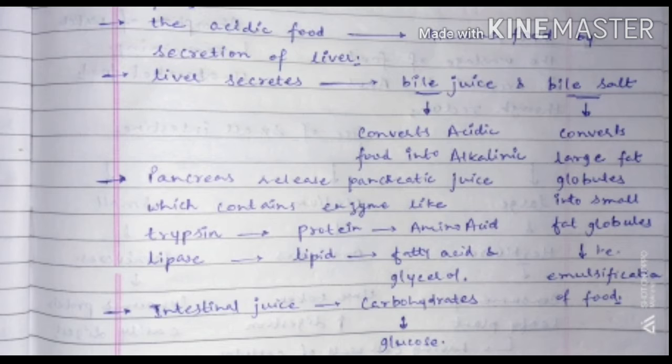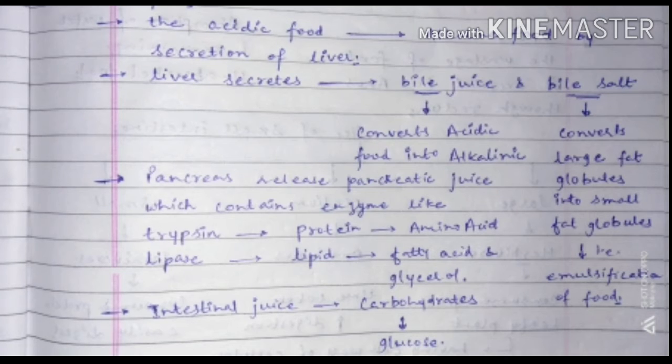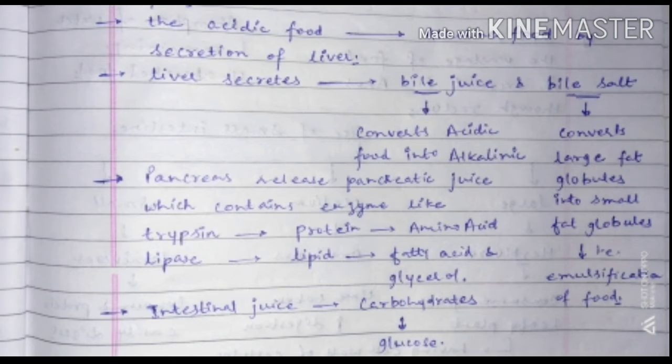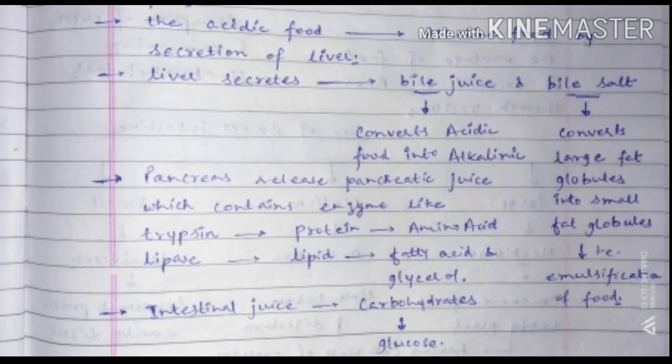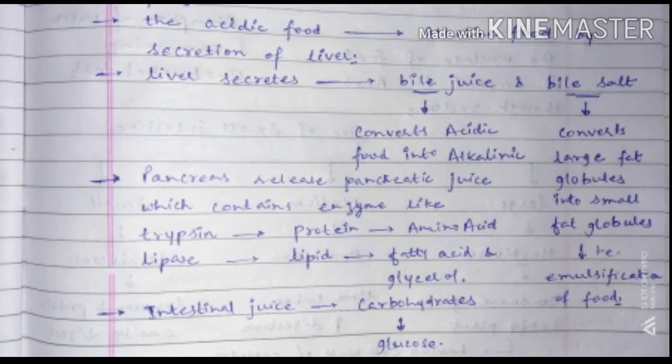So here the liver releases its secretion, which contains bile juice and bile salt. Bile juice converts the acidic medium into an alkaline medium, and the bile salt converts the fat globules into small fat globules. This is also known as emulsification of the food.